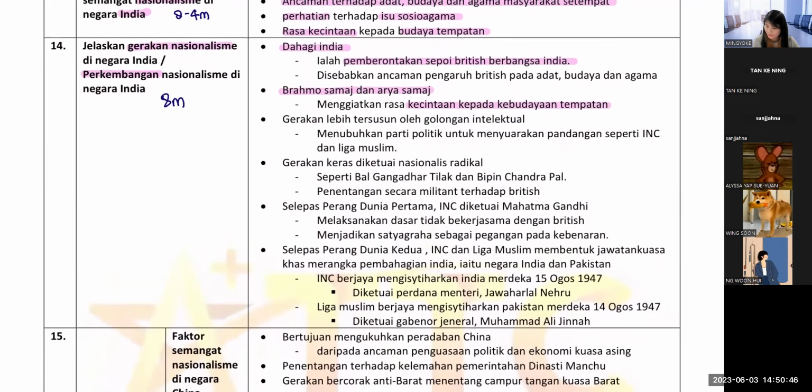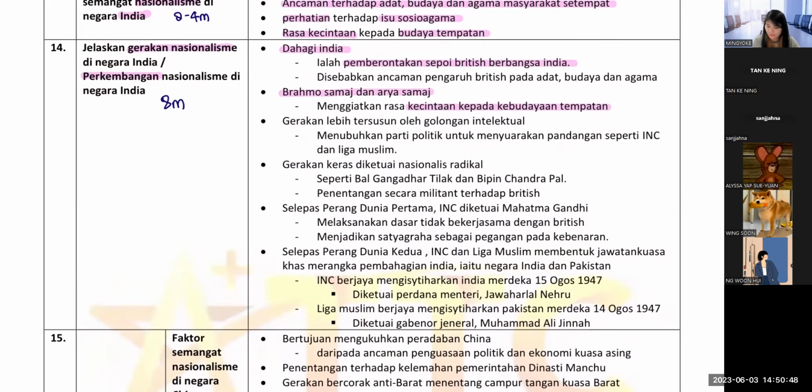Then after that, they have a more organized movement known as political party that voice out their opinion, such as INC and Liga Muslim. Finally, a more radical group came out known as Bal Gangadhar Tilak or Bipin Chandra Pal. Or you can say that they fight through militant attack.